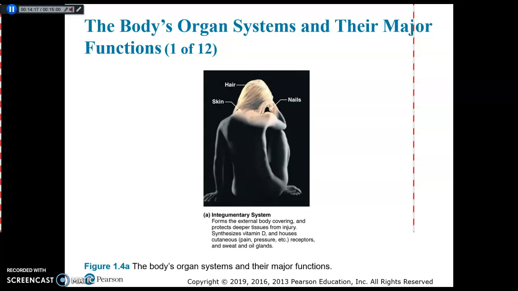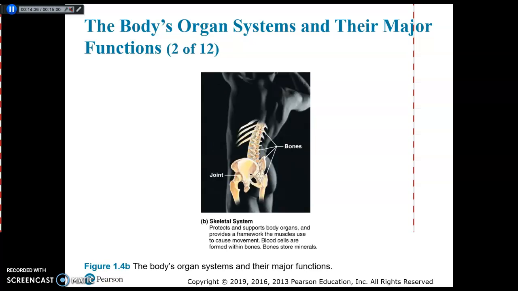And then some other functions are the skin synthesizes vitamin D, houses sensory receptors for pain and pressure, and the skin houses the sweat glands and the oil glands. So basic things about each system.